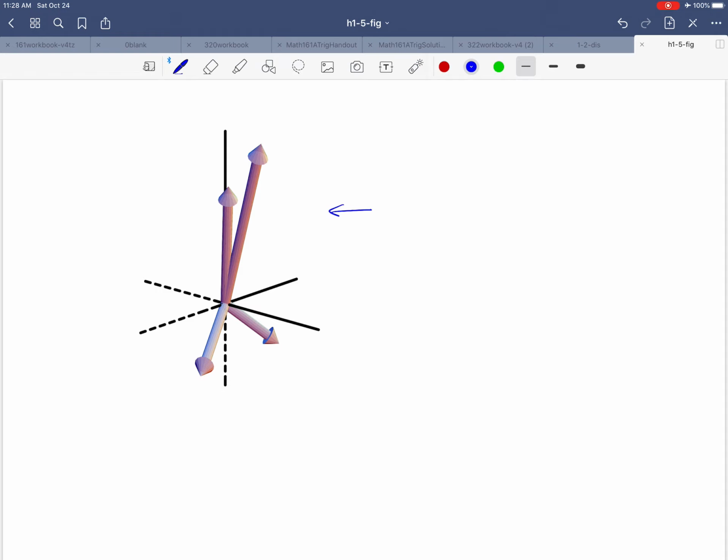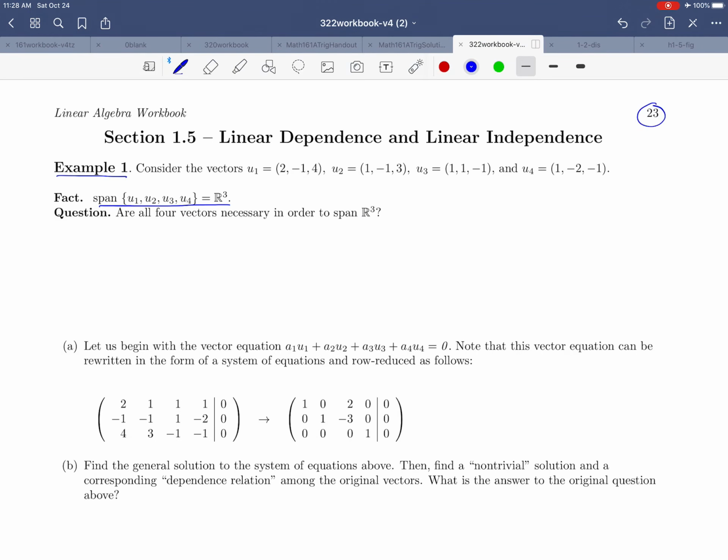Back to the page we were on, here's the key question: are all four of these vectors necessary in order to span R3? Or might it be possible to get rid of some of these four vectors and still have enough vectors to span R3?